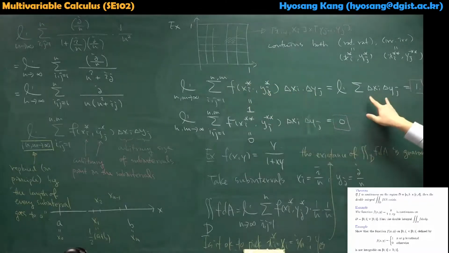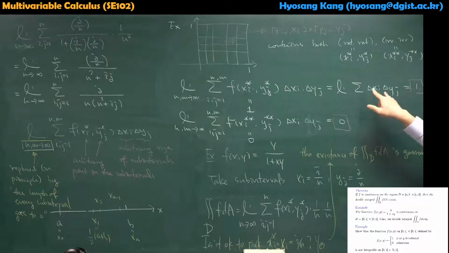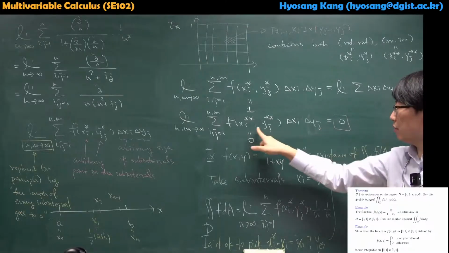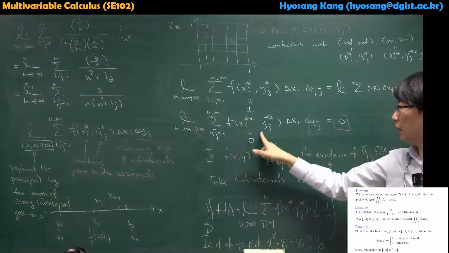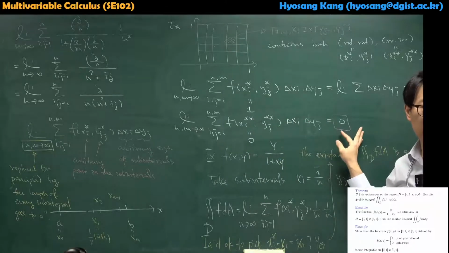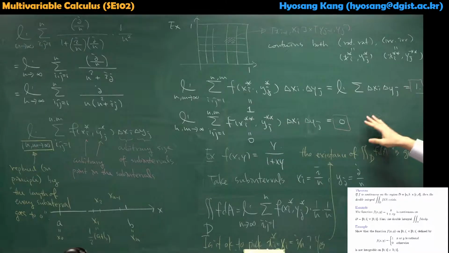Which means that I'm taking a sum of areas of subintervals, which becomes the entire area of this domain. It's always 1. And if I take an irrational point, then the value of the function is always 0. So therefore, the limit is 0. So we have two different values of the limit, which means that the double integral doesn't exist. Okay.